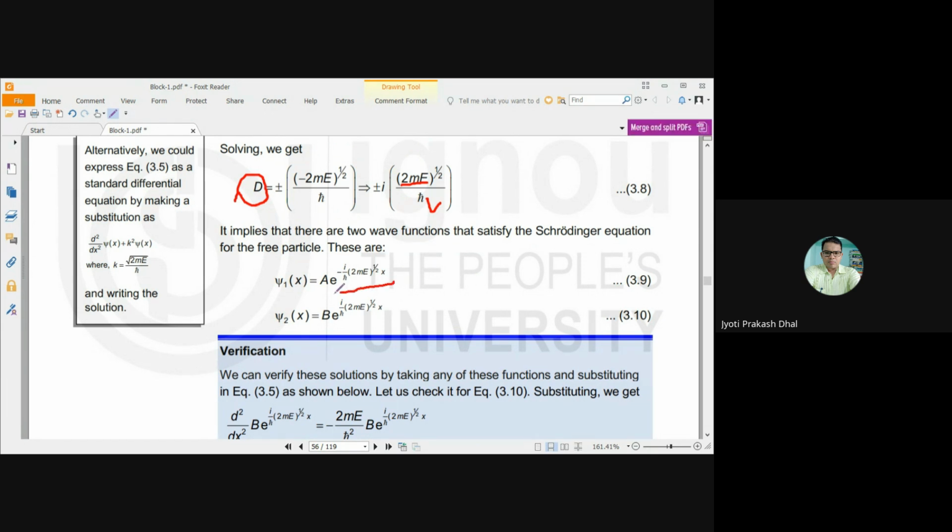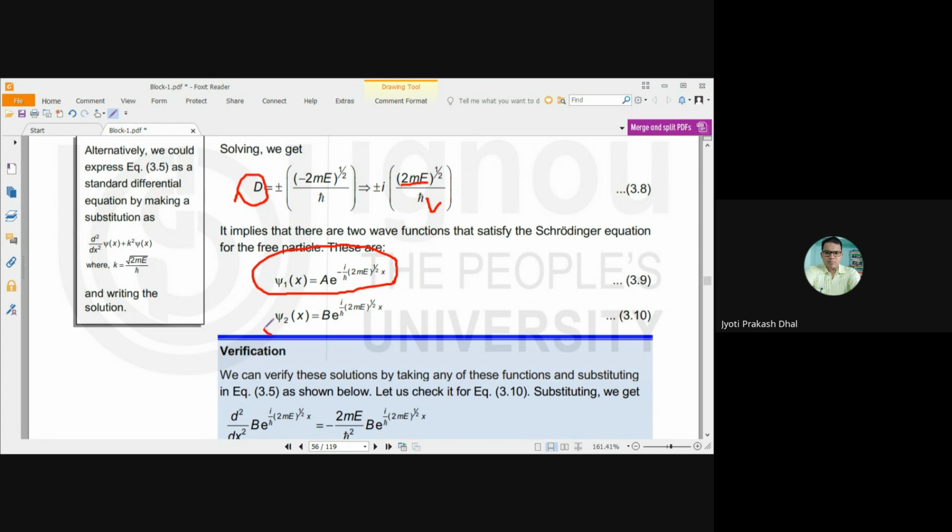Solving this, we can write the wave function will be psi 1 x equals A into e to the power minus i by h cross into square root of 2mE x.